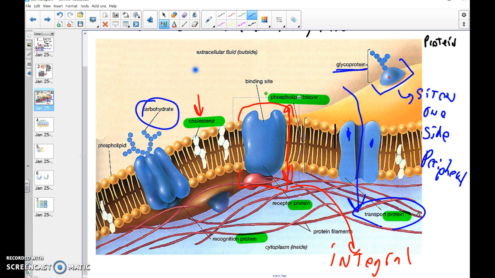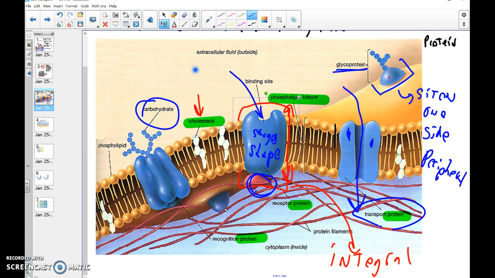Now you also have receptor proteins like this, where something binds to the outside. This changes shape, and then something happens in here to all this cytoskeleton that's attached, and that sends signals throughout the cell. All right? So there's a lot of different types of proteins that sit inside the membrane. They all do different jobs.